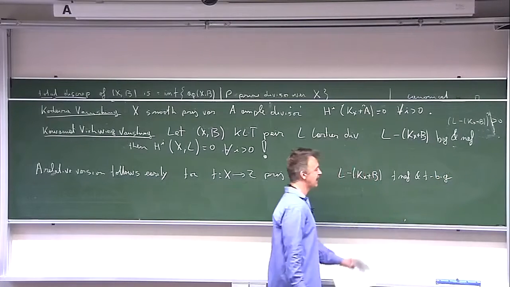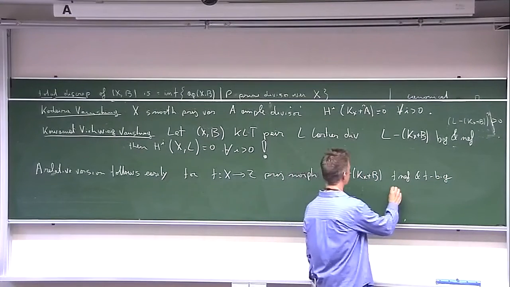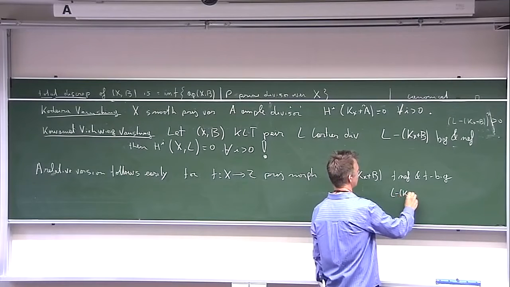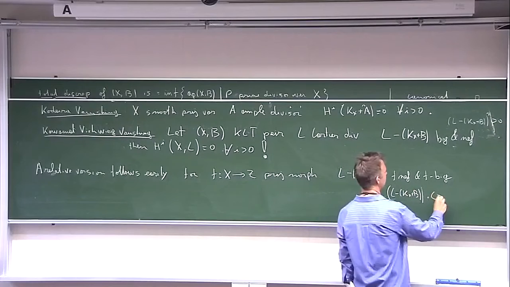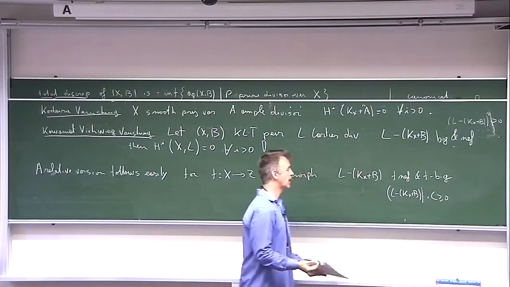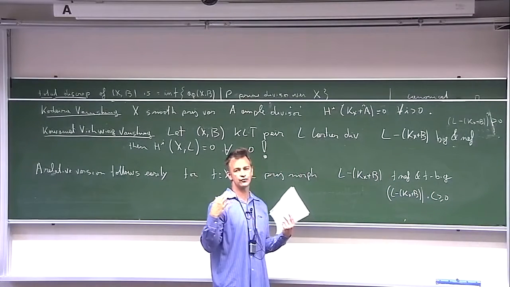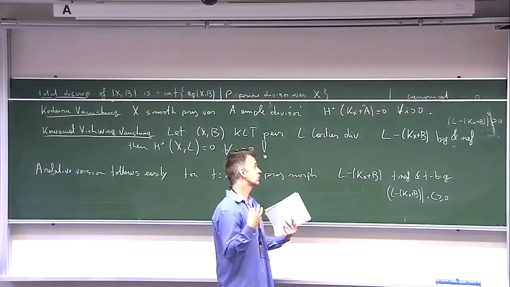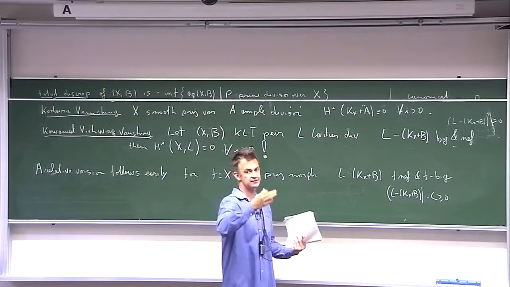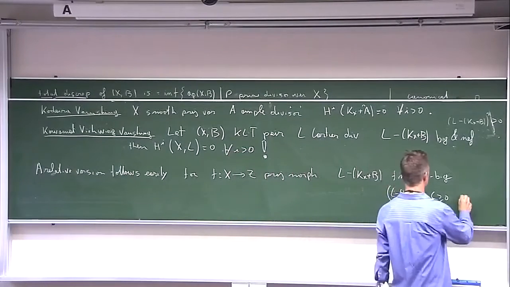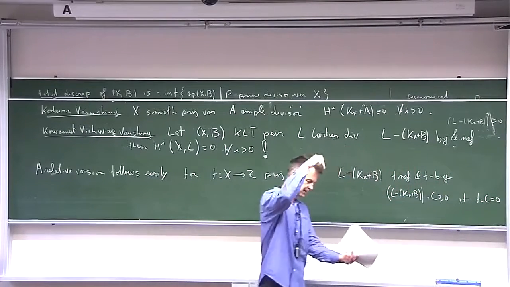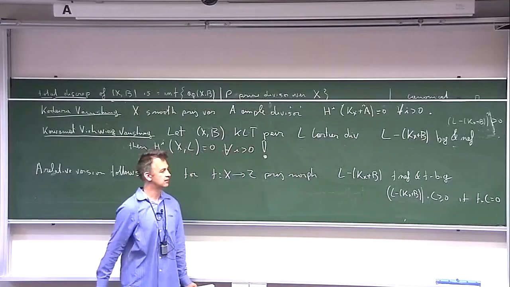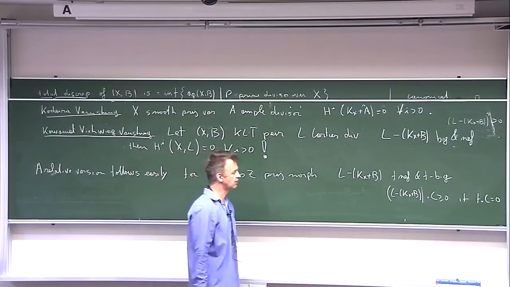So what does f-nef mean? Again, it's like being nef. L minus (K_X plus B) intersected with any curve C should be non-negative. But now you're going to require slightly less. You just require that it's true for the curves that are contracted, if f_*(C) is 0. That means for any vertical curve, the intersection has to be greater or equal to 0.